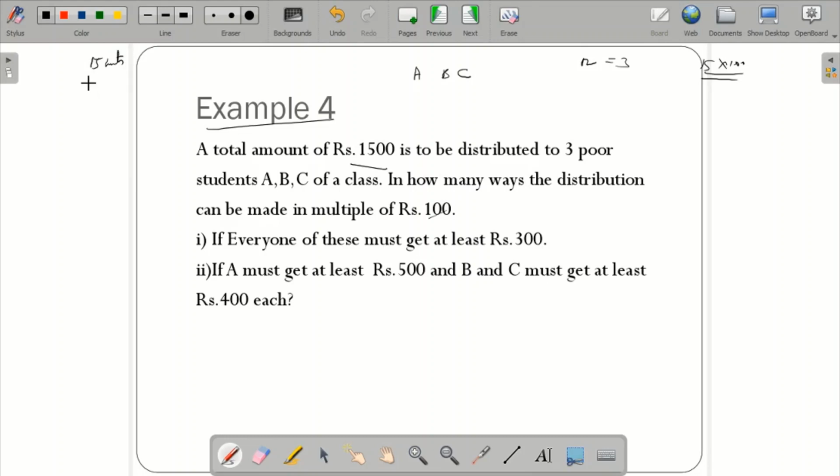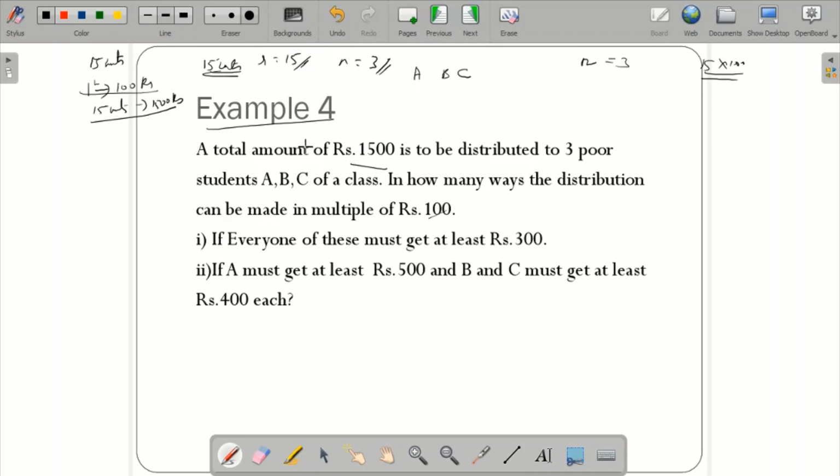If we take 1 unit as 100 rupees, then 15 units is nothing but 1500 rupees. Agree? So let us take it in terms of a total of 15 units. So this R is actually 15, and N is 3 students, so it is 3.